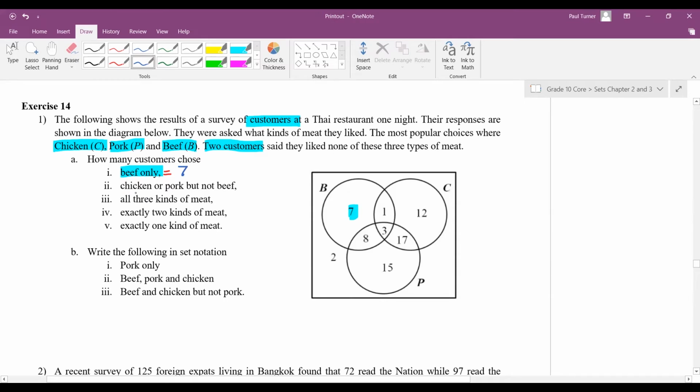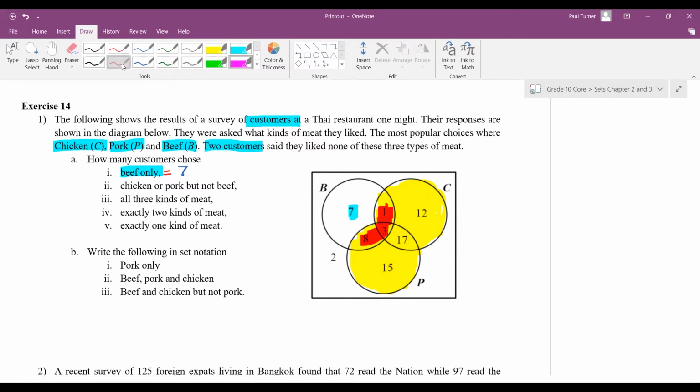What about chicken or pork, but not beef? So chicken or pork is here. Let's think about that one. I said nothing about beef yet. So this is chicken or pork, isn't it? Or is union. So chicken or pork, but not beef. That means you can't include these numbers here, so you've got to delete these ones.